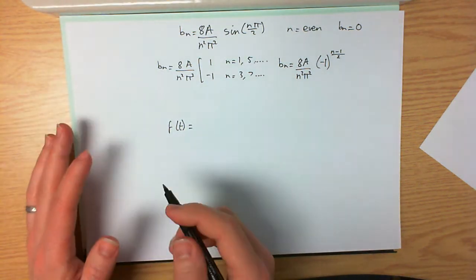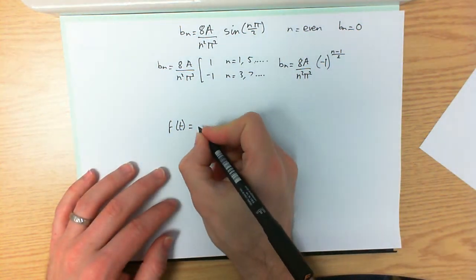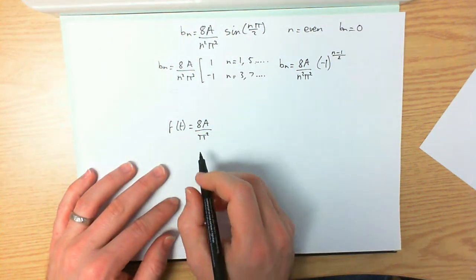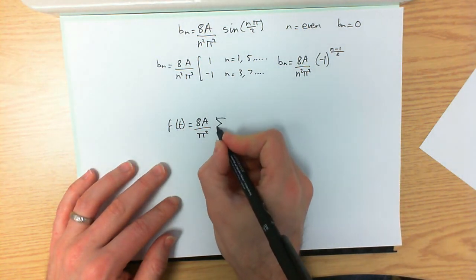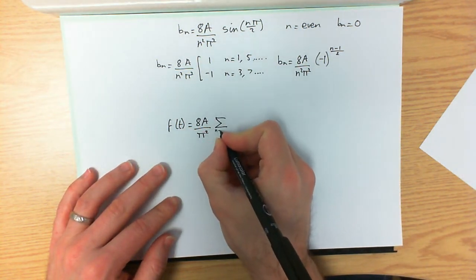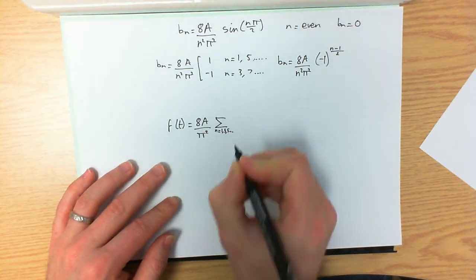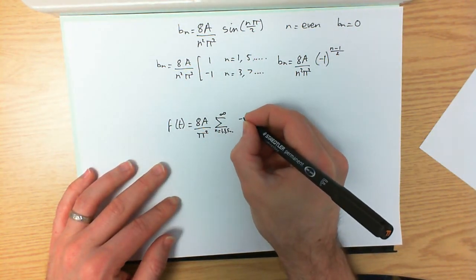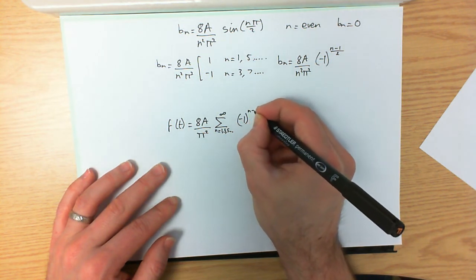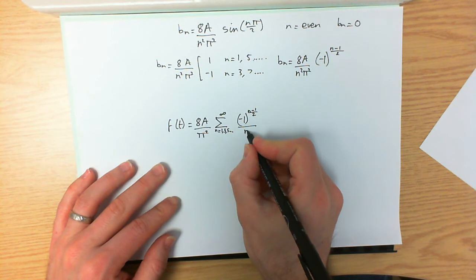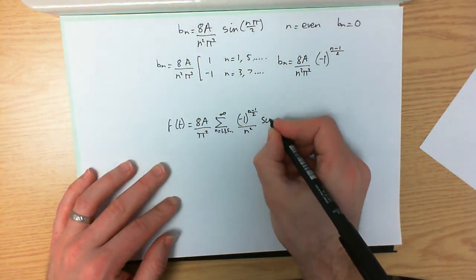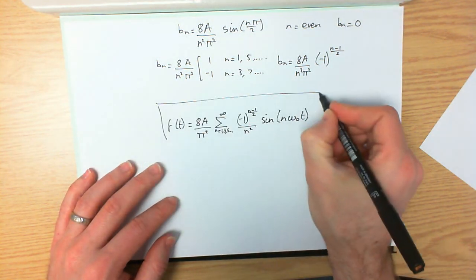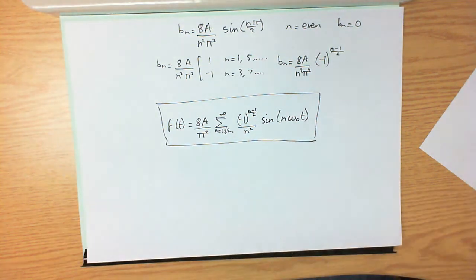Remembering that a0 was 0, an was 0, we get that f of t is equal to 8a over pi squared, there's just the constants, and it's the sum, n is equal to 1, 3, 5, etc., to infinity, of minus 1 to the power n minus 1 over 2, over n squared, times sine of n omega naught t. And that is the final answer.